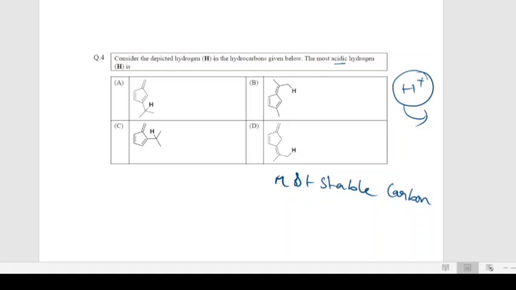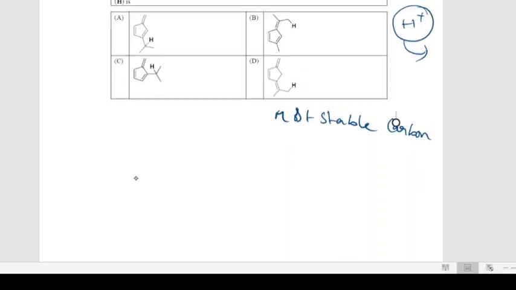Suppose we consider option B, and let's check this one, as all contain cyclopentadiene. If we consider that particular conjugated system in option B, after losing this proton, we will get a negative charge here, right?